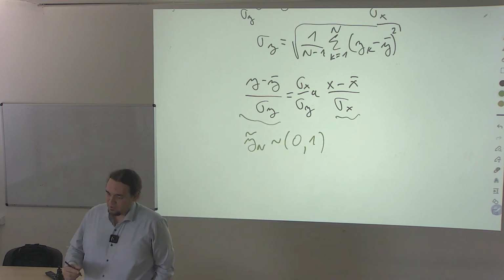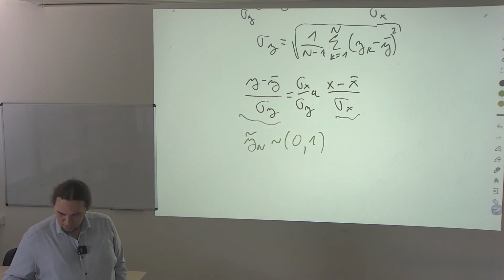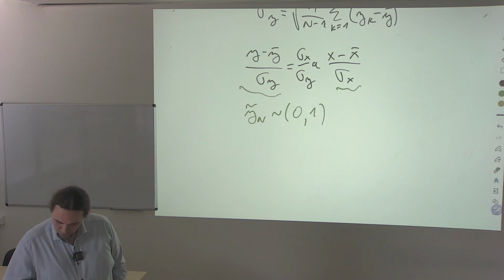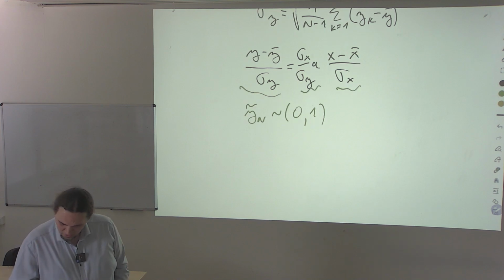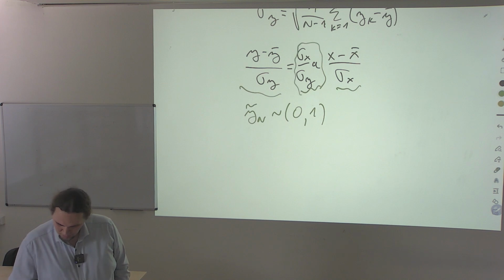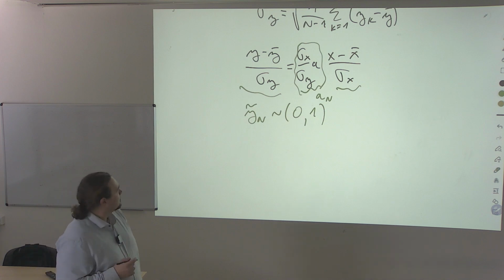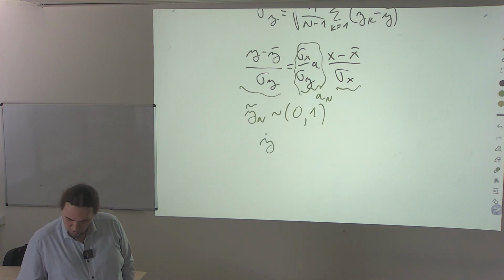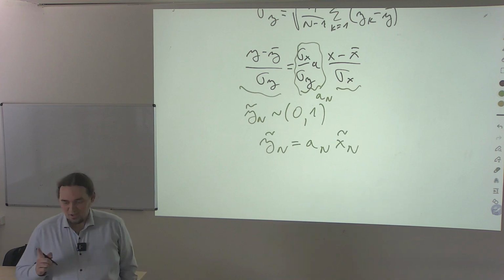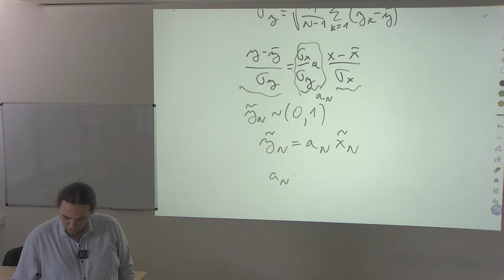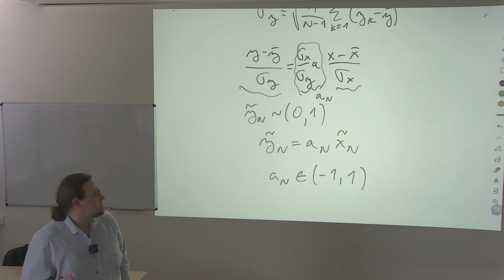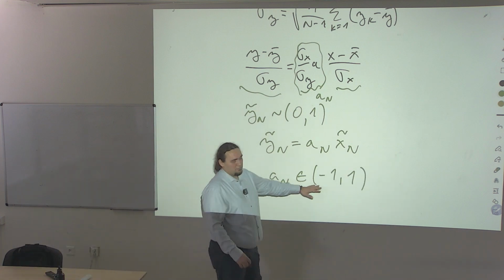With this transformation, let's say we have this coefficient, let's call it an, the slope which relates these normalized variables. This coefficient will turn out to be somewhere between -1 and 1.